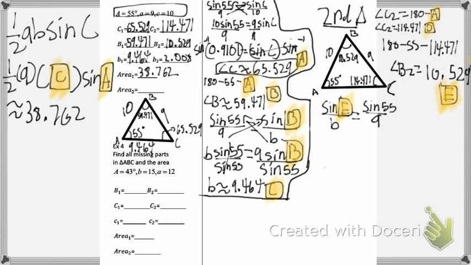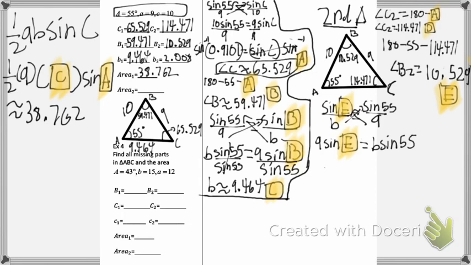So I just cross multiplied this and got 9 sine E equals B sine 55. So let's highlight this.